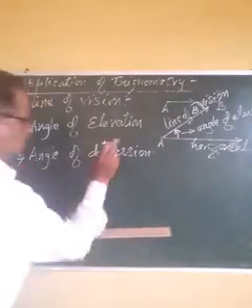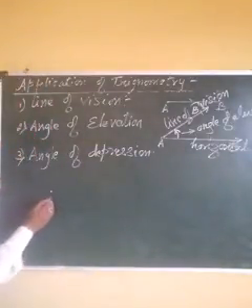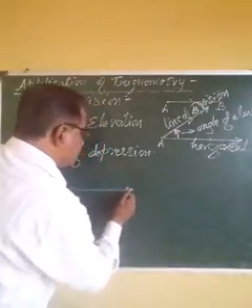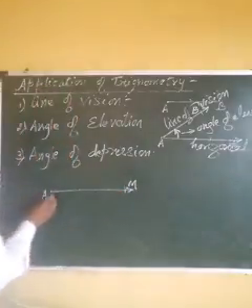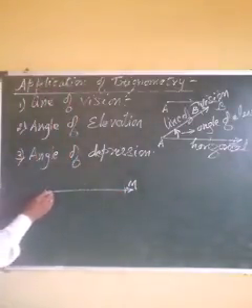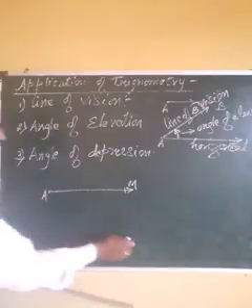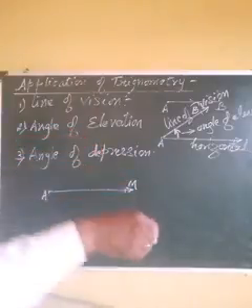Similarly, angle of depression. Let us consider an observer at a point A, and this is your horizontal line AM, and this observer at A is on the top of a tower or a building, and he is observing a person walking on the road.